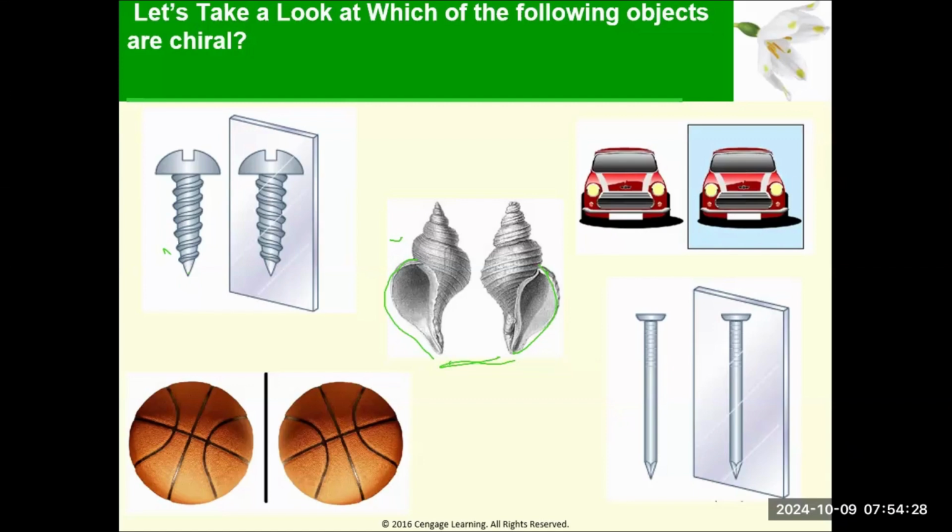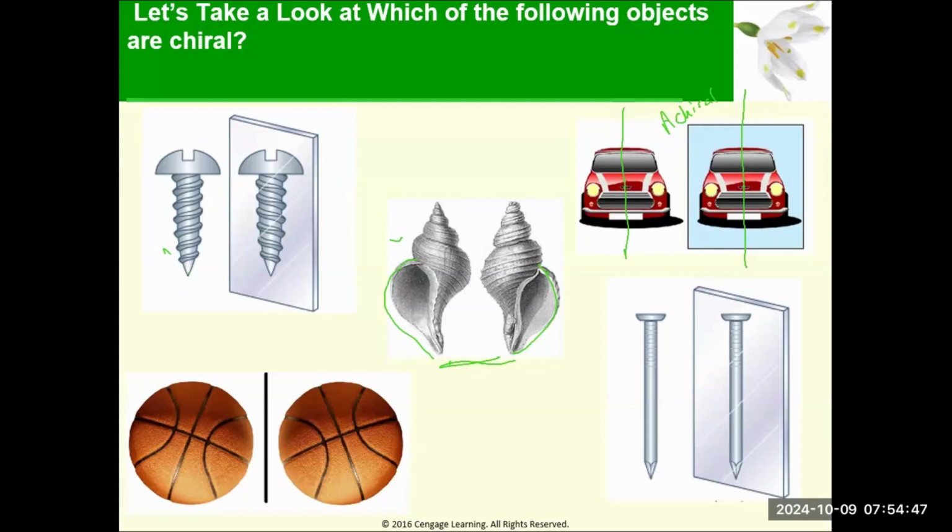Now let's look at the car. The car indeed has a line of symmetry. Due to the line of symmetry, not only do they have mirror images of themselves, but they are indeed superimposable. Therefore, these would be achiral.